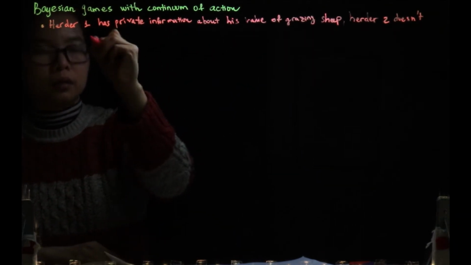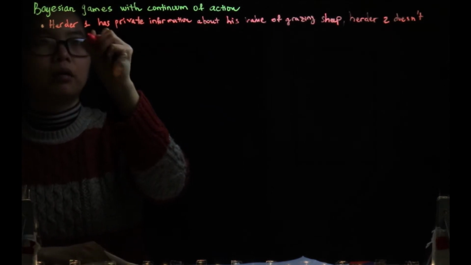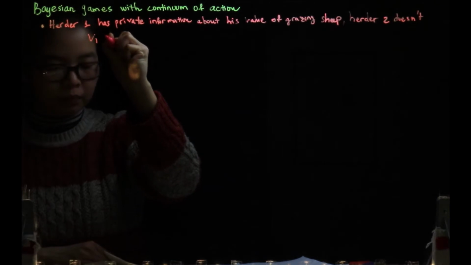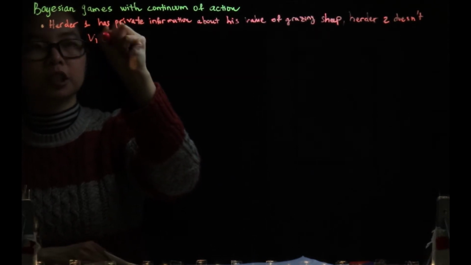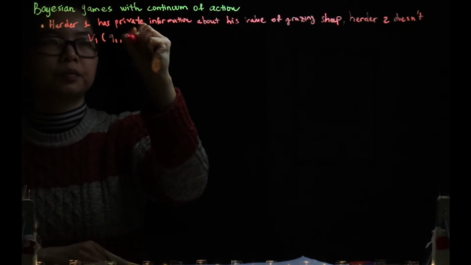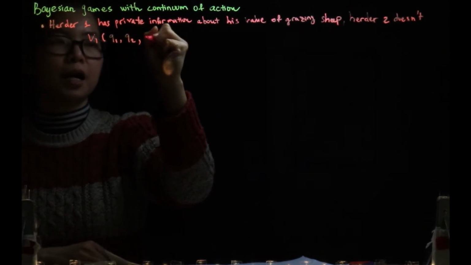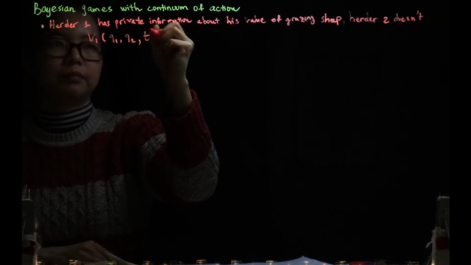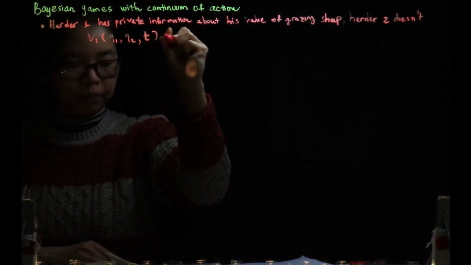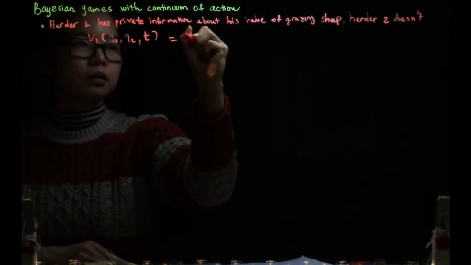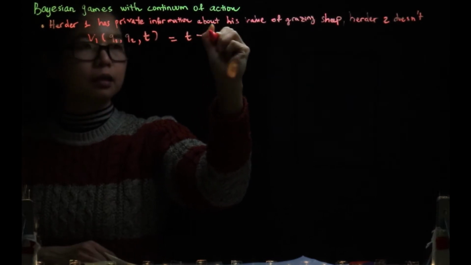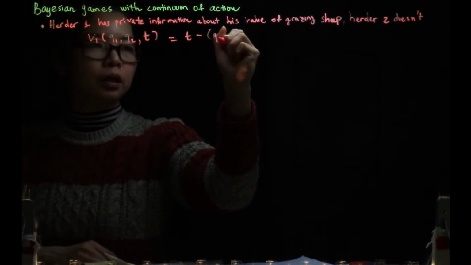The value for herder 1 is now v1 as a function of q1, q2, but also t, now his type, equals t minus q1 plus q2.